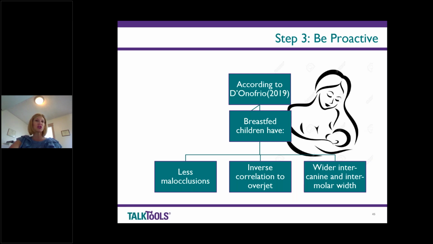They have an inverse correlation to overjet, which is one of the bigger orofacial myofunctional challenges. And guess what? They have wider palates. They have wider intercanine and intermolar width than those children who have not been breastfed. So we can see that it has this really positive impact on dental facial development.